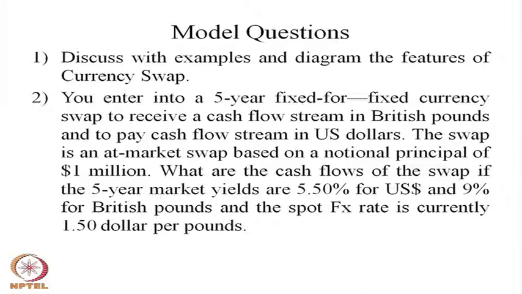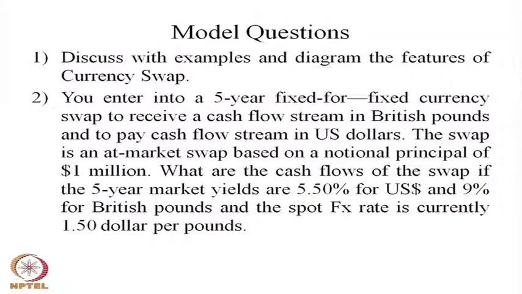Here the question is a 5-year fixed for fixed currency swap. So, here the notional amount is 1 million, the US dollar rate is 5.5% and the pound sterling rate is 9%. You have to create a cash flow stream for arrangement of this currency swap.